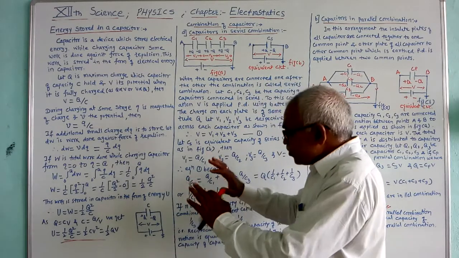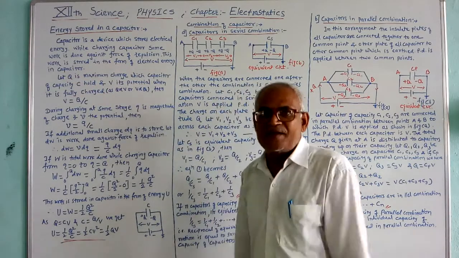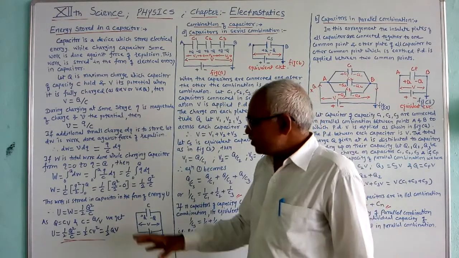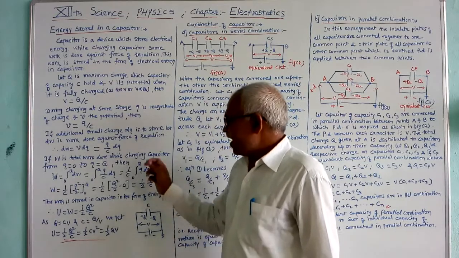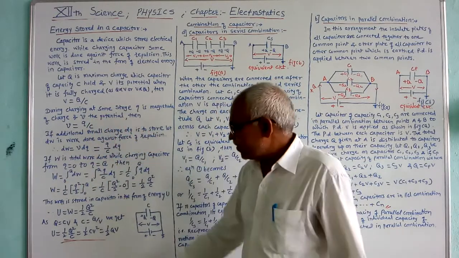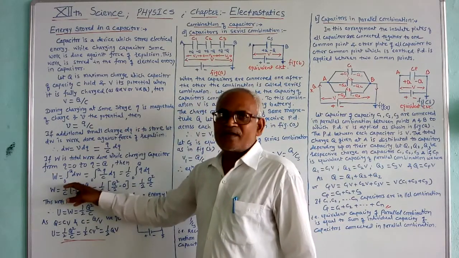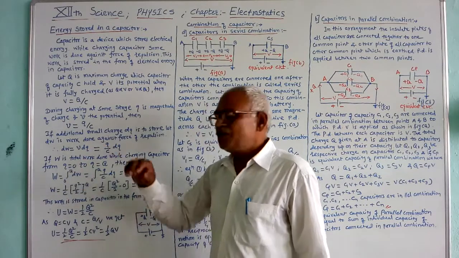Now to store the maximum magnitude of charge q from 0 value, the total work done W is equal to the integration of all such small work done. Therefore W is equal to integration of dw, to store the charge from 0 to q.